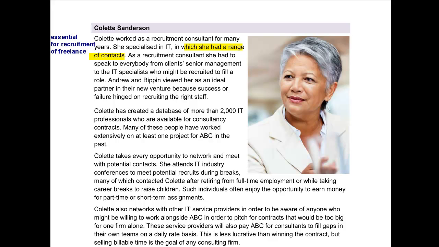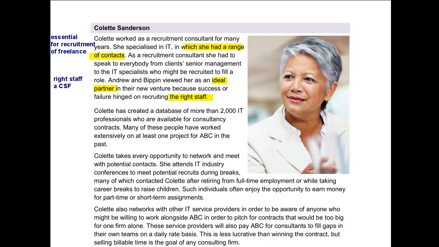Now, Bipin and Andrew knew about her, and this is why they picked her and why they thought she would be an ideal partner. Because one of their critical success factors, as we mentioned on the first page, was about recruiting and retaining the right staff.